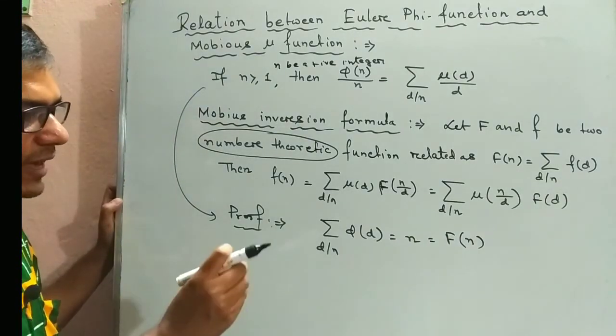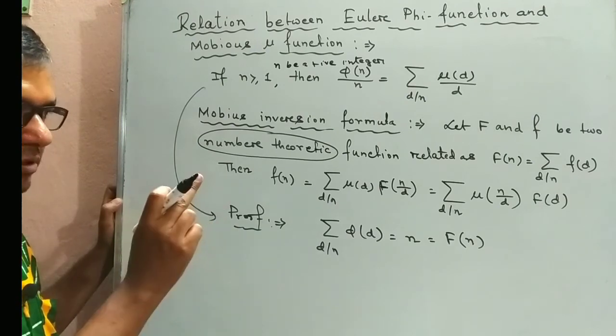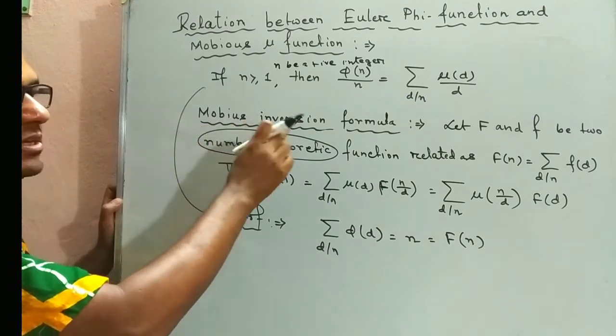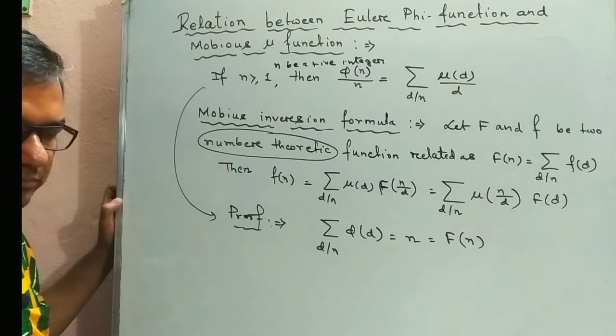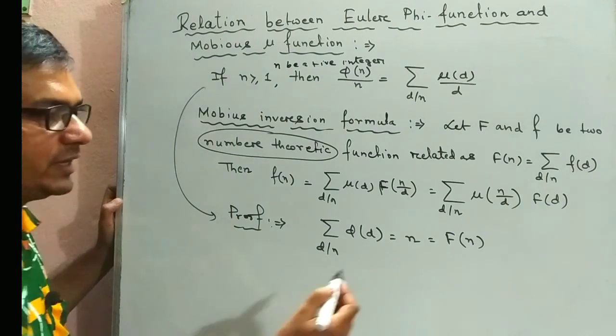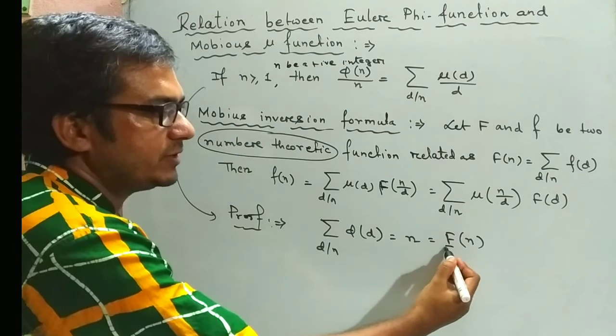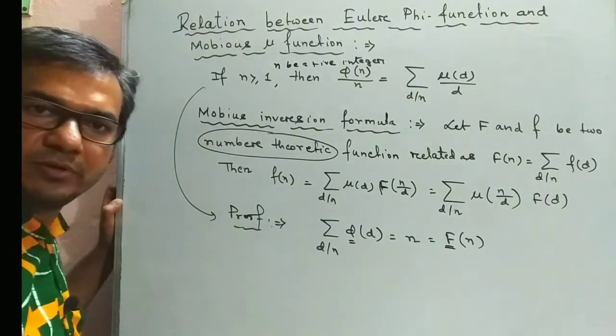Now applying the Mobius inversion formula, here this is capital F and this is small f.